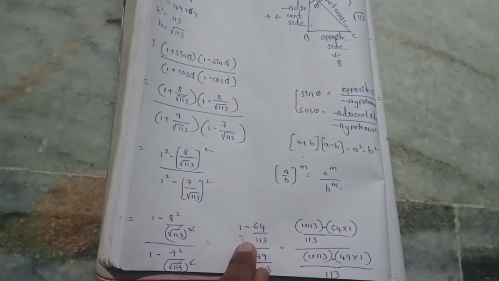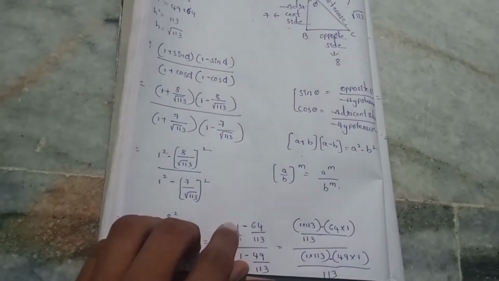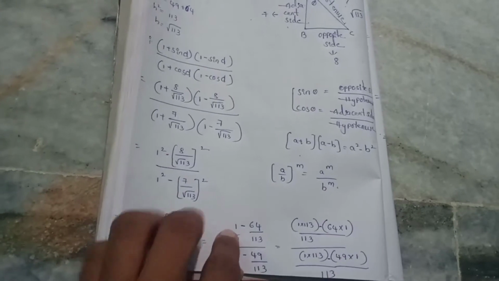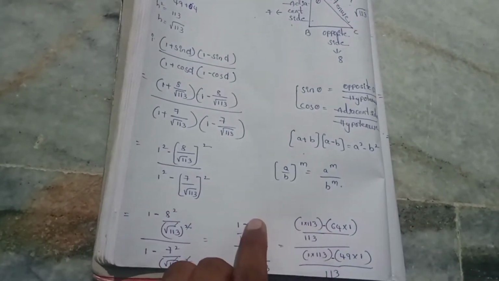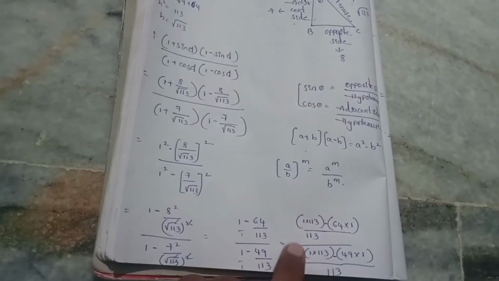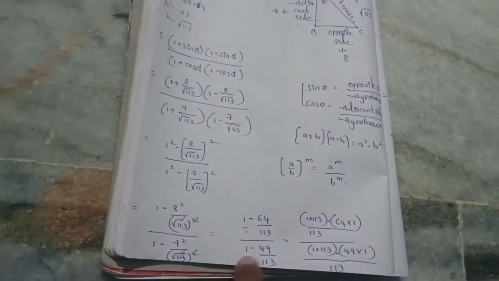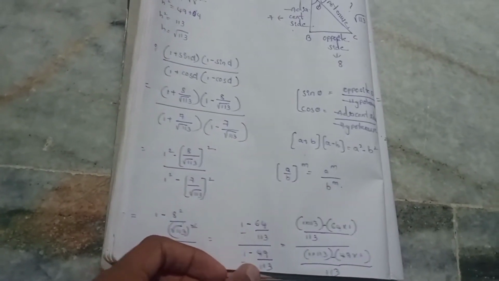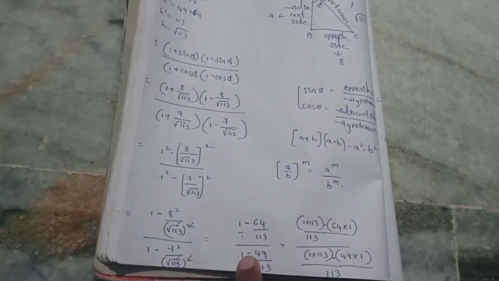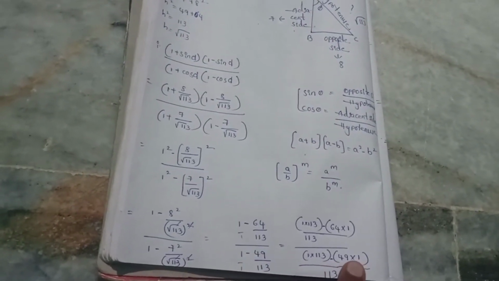See, 1 into 1 by 113. Now we have to do cross multiplication. 1 into 1 by 113 minus 64 into 1 by 113. Now again, 1 into 113. Again cross multiplication: 1 into 113 minus 49 into 1.